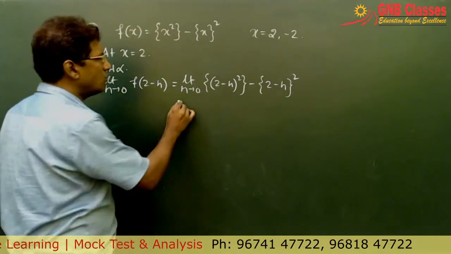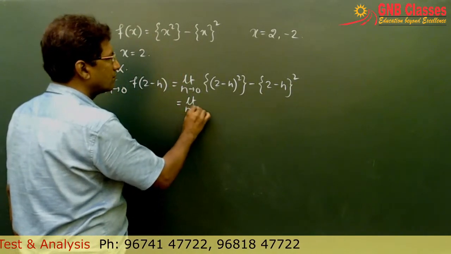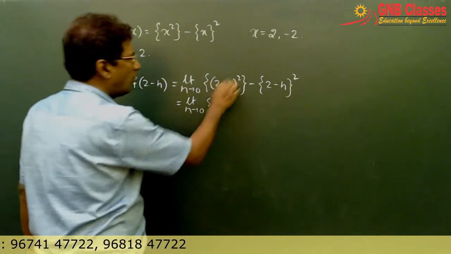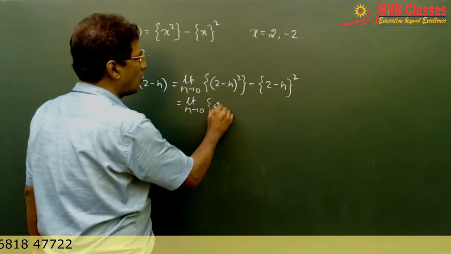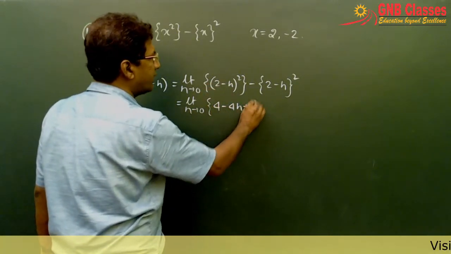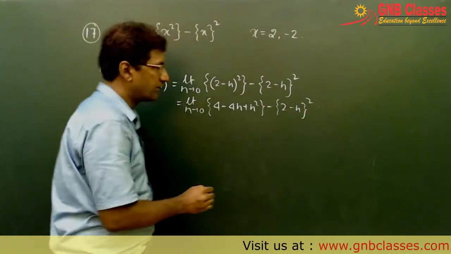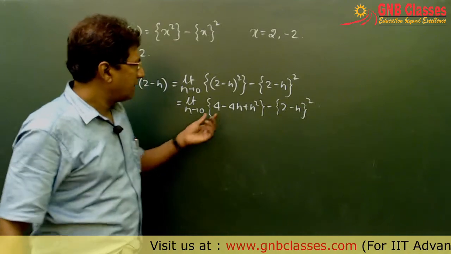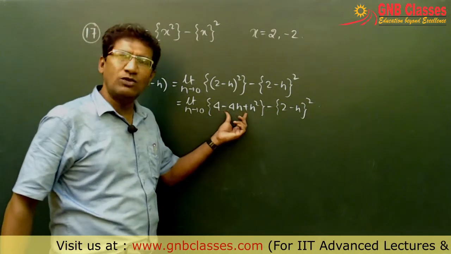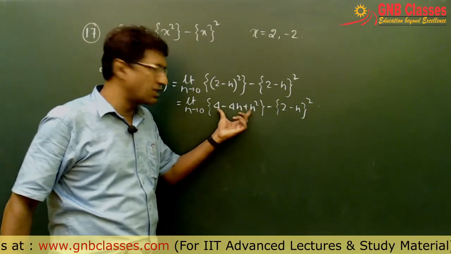Is it clear? Now you see, if I open the bracket here, we are going to get 4 − 4h + h² minus (2 − h) whole square, right? Now you observe carefully that we have to find out its fractional part for this one.